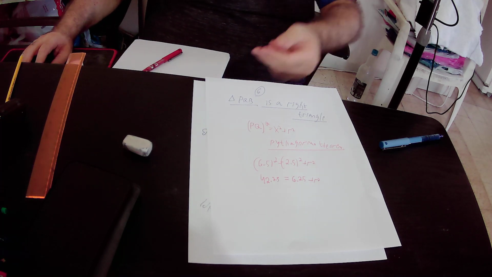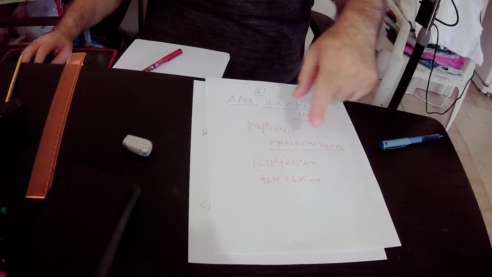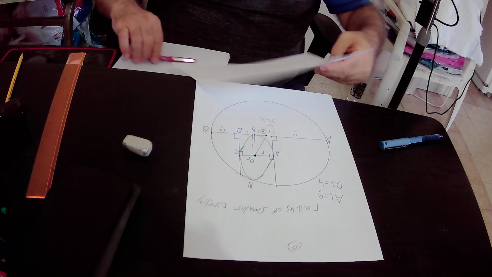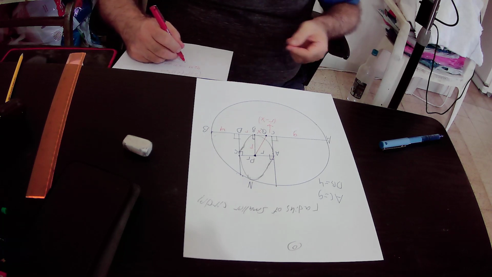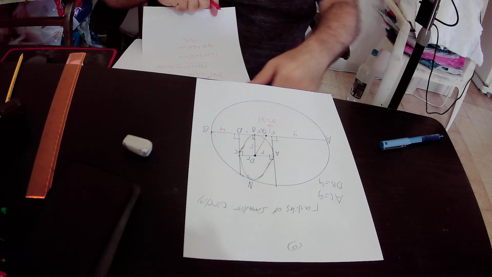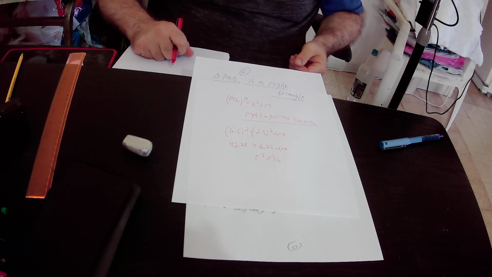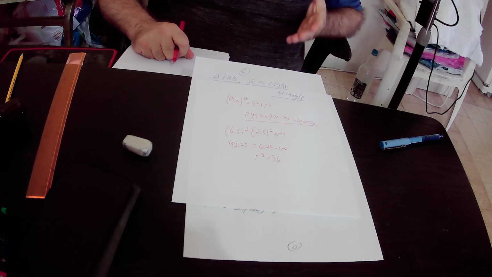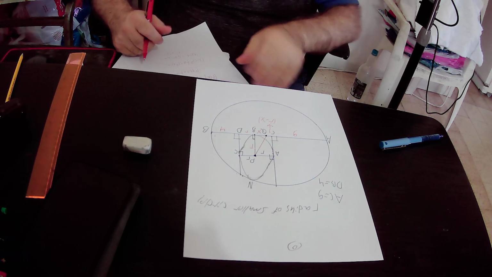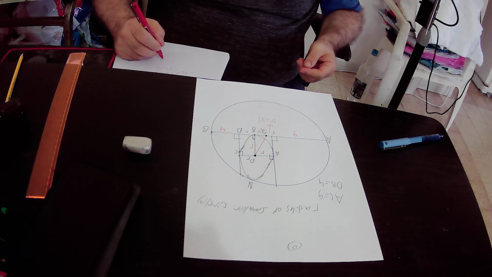So we will subtract 6.25 from this equality and we will get that r squared equals 36. Here we will take the root of this equality and we will find that the radius of the small circle equals 6 units.